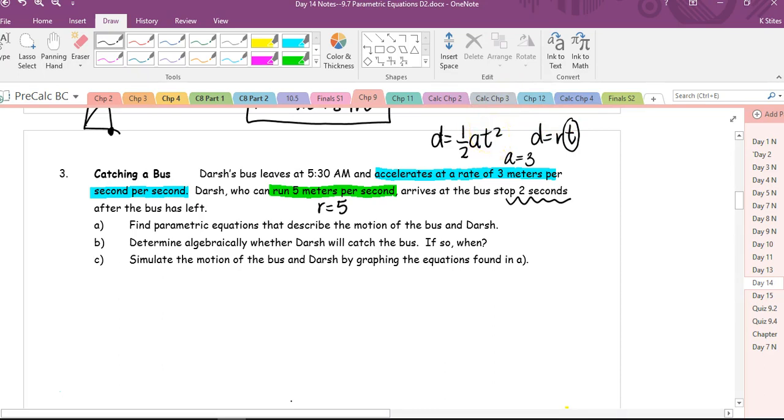So we're going to have to see what to do with that. To start though, let's worry about the bus. Parametric equations that describe the motion of the bus and Darsh. All right. I'm putting x1 and y1 because we are also going to have to deal with Darsh, and he is going to be x2 and y2.